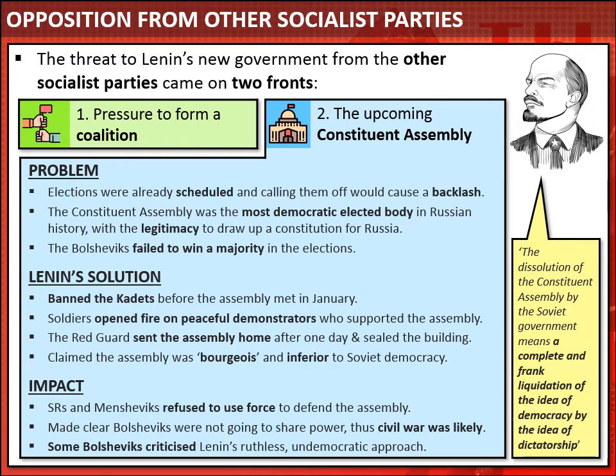Finally, the way in which the Constituent Assembly was crushed led to tensions within the Bolshevik Party. Some Bolsheviks felt increasingly uncomfortable about Lenin's ruthless and undemocratic approach.